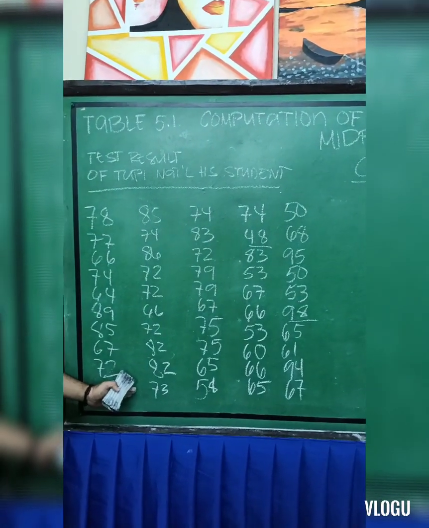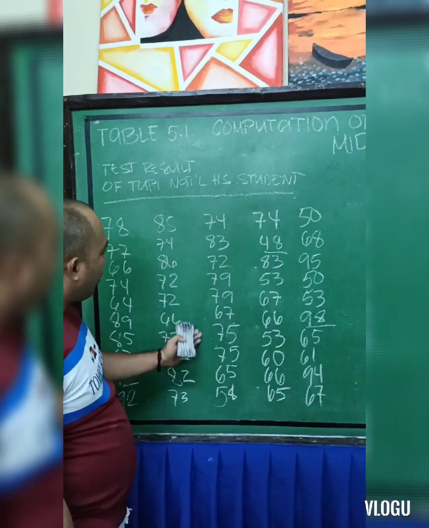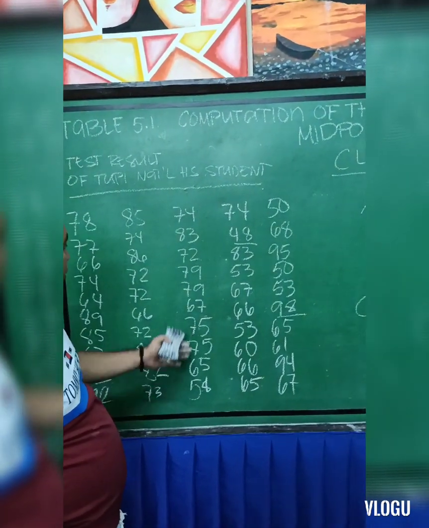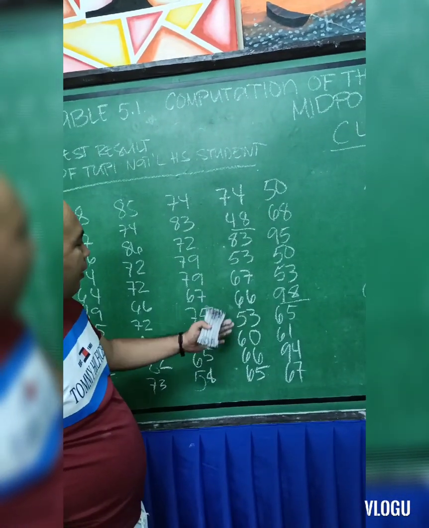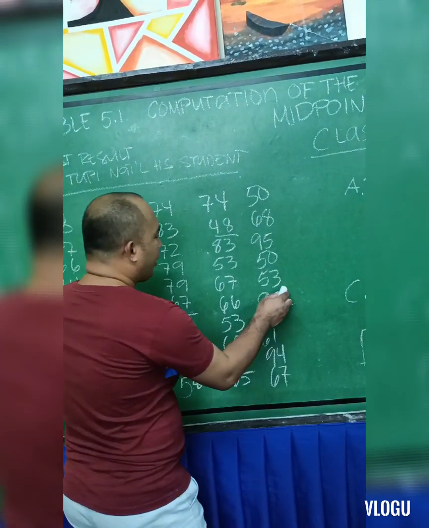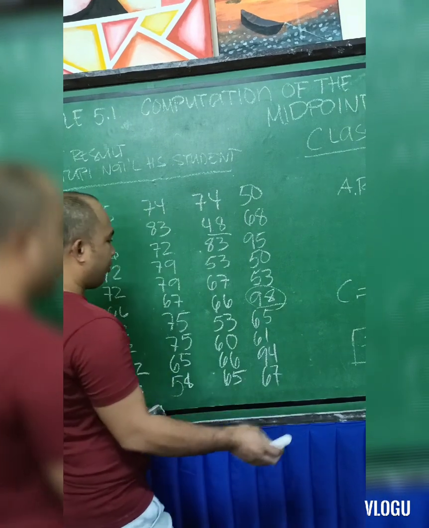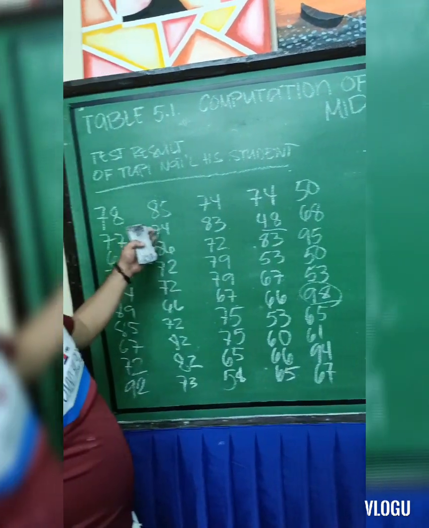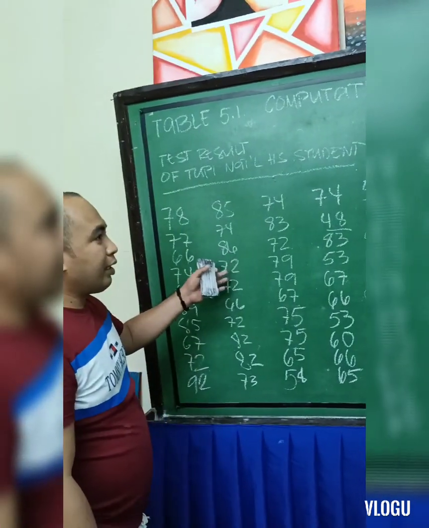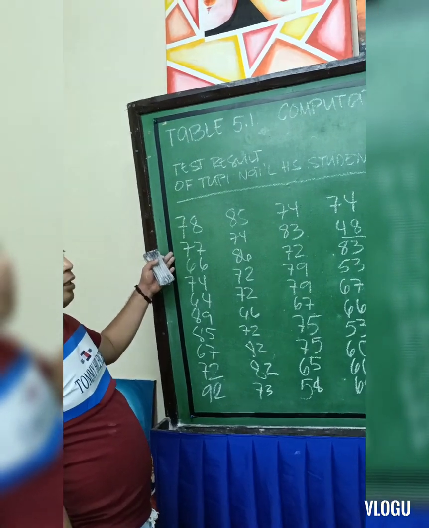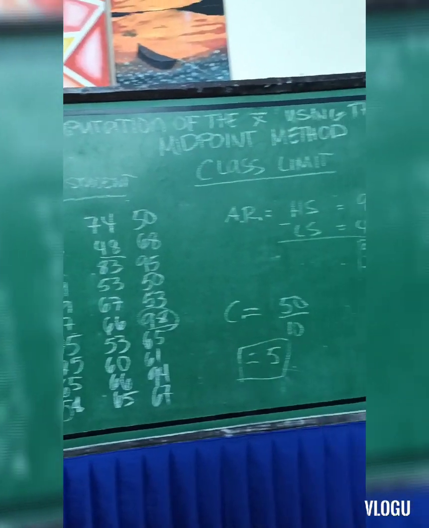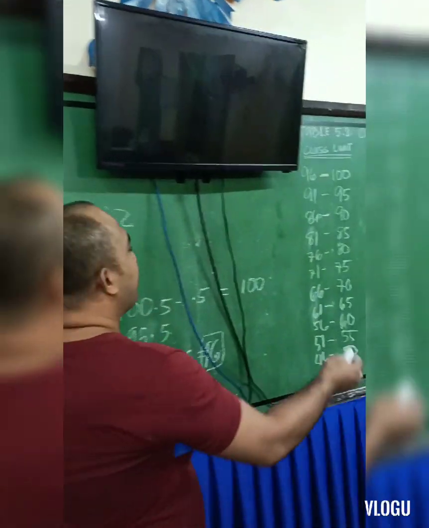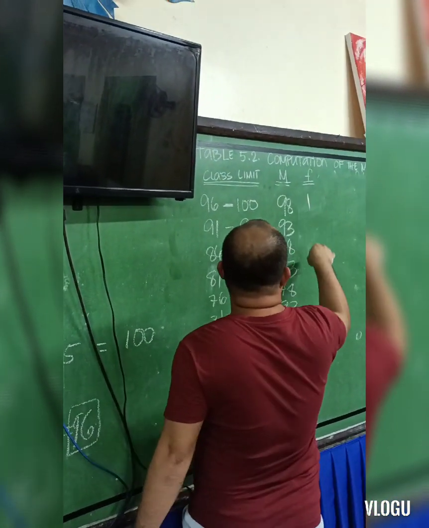Second column, we don't have. Third column. The fourth column, we don't have. And our fifth column, we have 98. So the frequency within the class limit of 96 to 100 is 1. So let's put number 1 here.